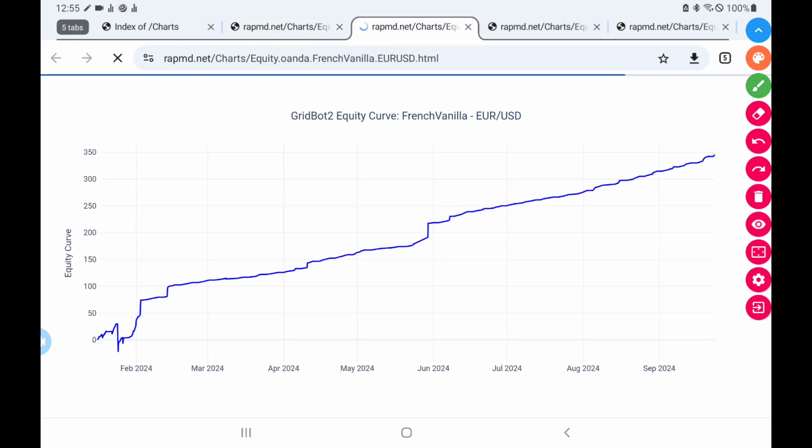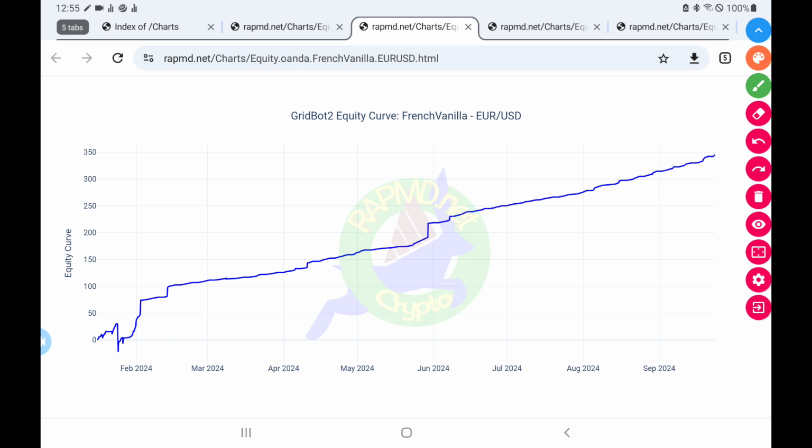French vanilla is the worst case scenario plan. It weathers the market very well. It survived 9 months of an insane, crazy market with some really huge moves. And when I mean huge, I mean huge.